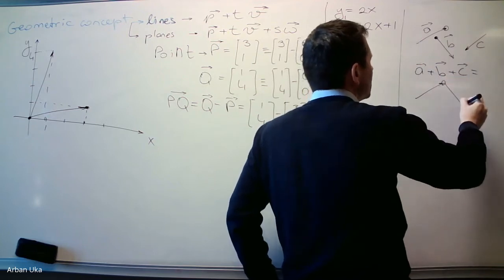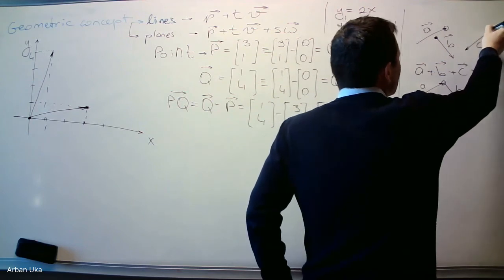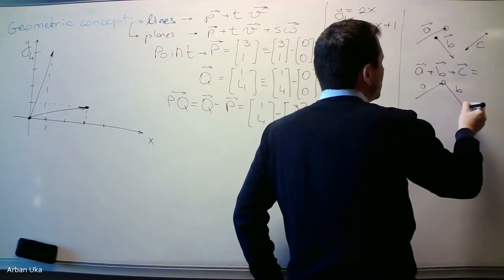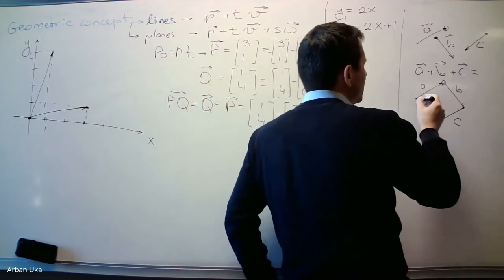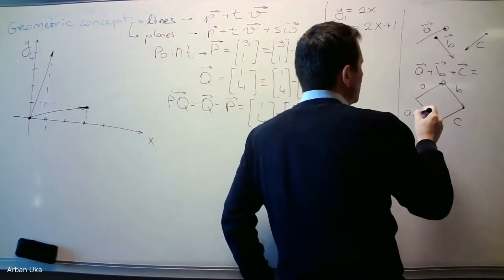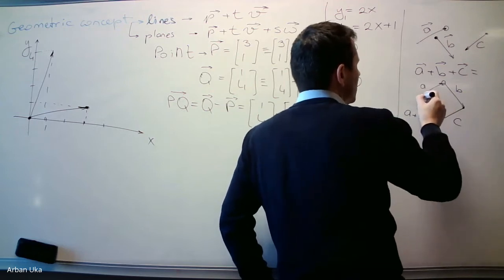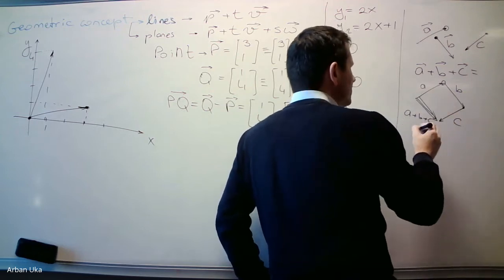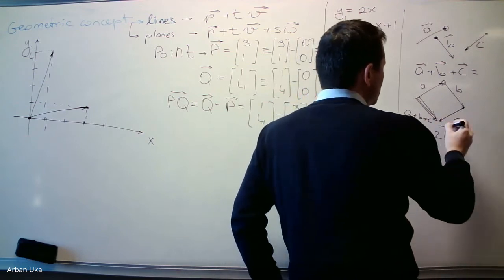So we bring B like this, and C, we bring the end of this vector to the tip of the previous vector. This is C, and A plus B plus C is this. We can also calculate A minus 2B minus C.